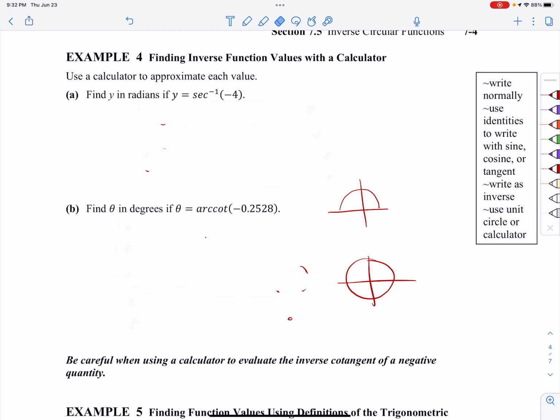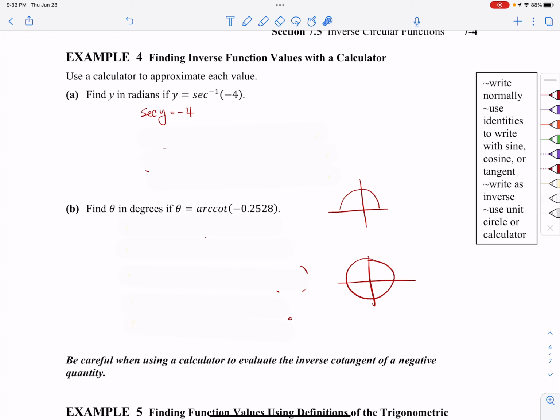All right, so let's take example A here, and the first thing that we want to do is just simply write it normally. So we're going to say that this is the secant of some angle y is equal to -4. Since we cannot type this straight into the calculator, this is the method that we have to follow here. So let's put it into cosine so that we can put it back into cosine inverse.